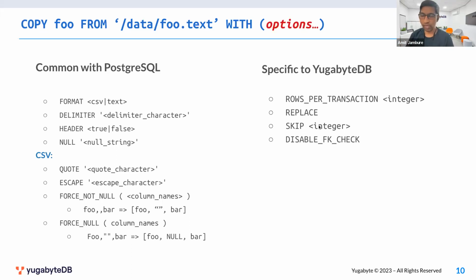With the skip option, we'll come to it after the rows per transaction. One way to think about this mode is like what you could do with insert on conflict, meaning if you're attempting to do an insert, but you find that the row already exists, you want to silently take up the new value. So this is a very useful mode if your app wants upsert behavior.